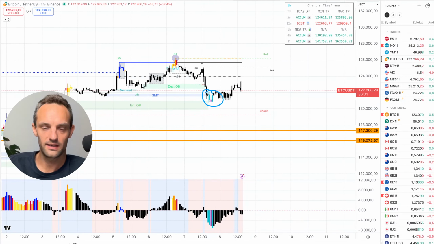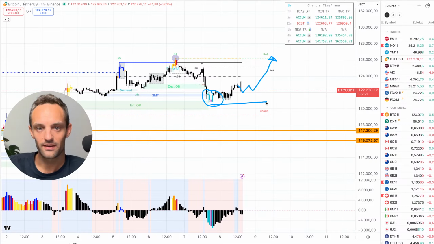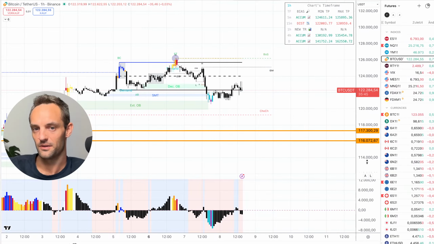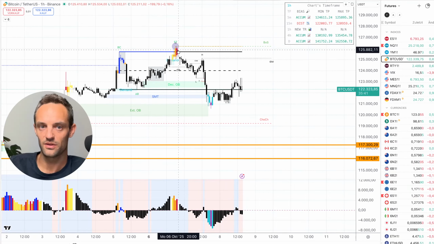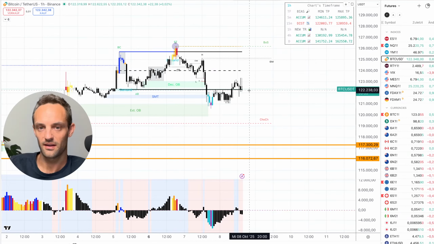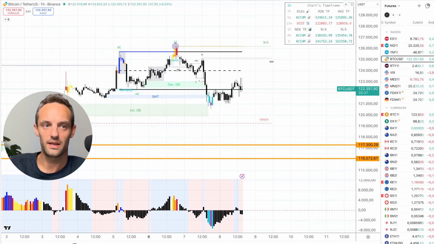We have colorful candles now, and from my point of view, this is a situation to buy Bitcoin to new all-time highs. Only if we break this level might we see new lows. So for BTC, I'm still very bullish and think we will make new all-time highs pretty soon.